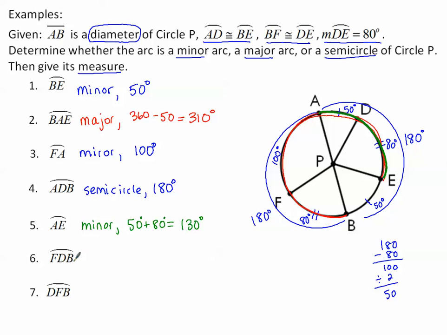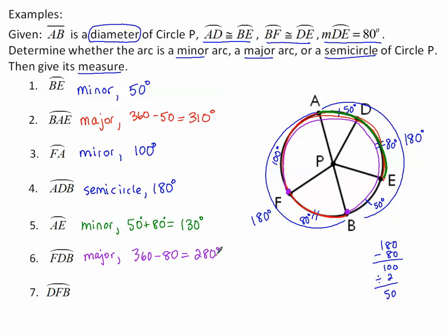FDB. Now I gave this arc and this arc because it matters the order of the letters. FDB is different from DFB. Let's see the difference. FDB, arc F, D, and then B. So going from F all the way to D and then ending at B. So that's everything but this little minor arc. So that's a large way around the circle. And if it's everything but the 80, 360 minus 80.